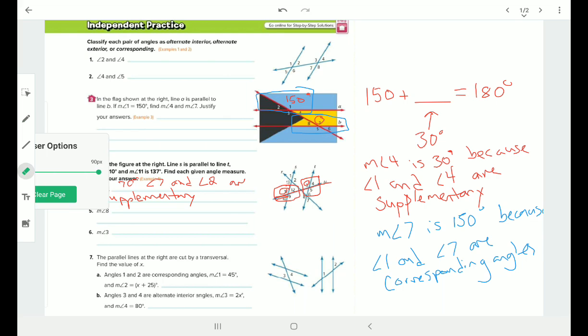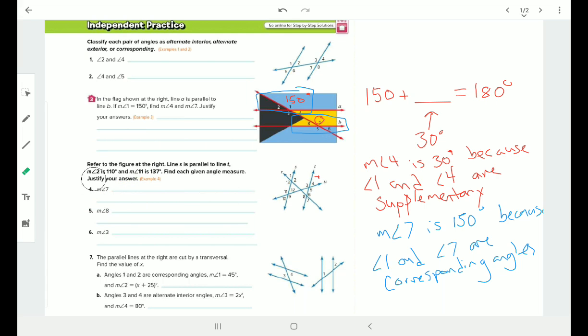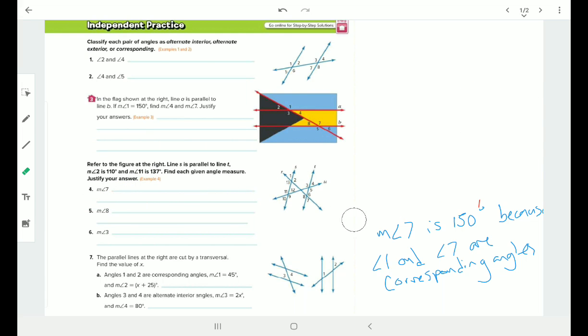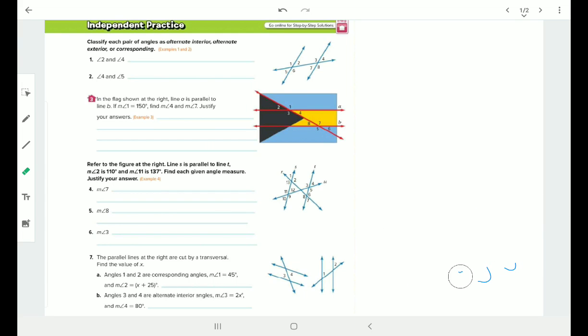Okay? Last one is number 7, and this time we have certain properties with these angles, and we're trying to figure out what x is, not the entire measure. So we have parallel lines cut by a transversal. Part A says angles 1 and 2 are corresponding angles.